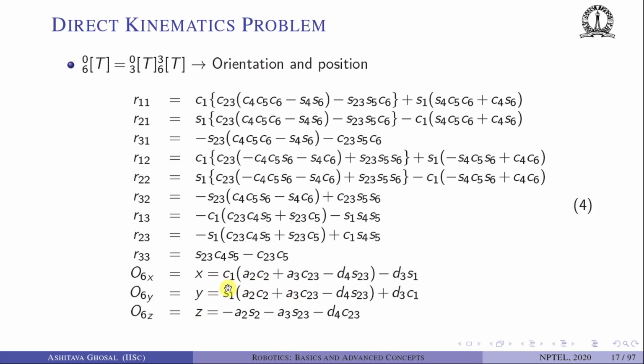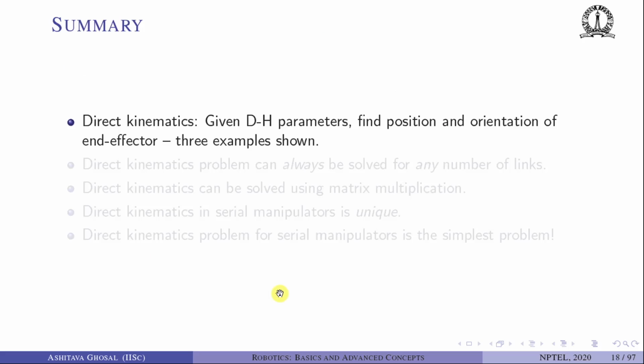And we can show that it is related to the link lengths A2, A3, link offset D4 and the angles theta 1, theta 2 and theta 3 alone. This is an important observation in the case of the PUMA robot.